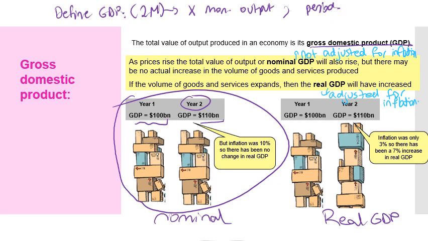So there was no increase here in the real GDP. So inflation was 10%, and there has been no change in real GDP. Look, there has been no change in the output. So they did not take into consideration the volume of goods and services produced. It stayed on the same level.